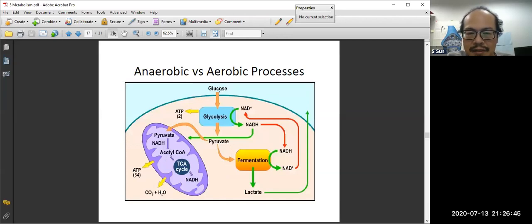So glucose first needs to go through glycolysis. Then it will form pyruvate. Pyruvate is the one that mitochondria can use. Pyruvate enters into the mitochondria, then mitochondria will convert pyruvate to acetyl-CoA.